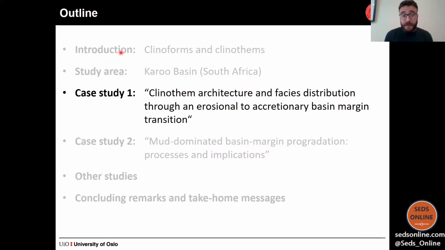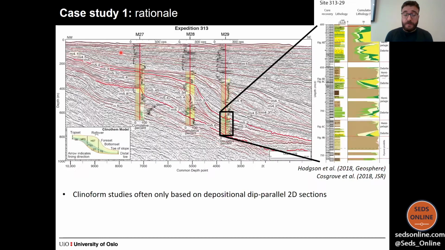So now I'm going to talk about this first case study, and I'm going to introduce a few concepts first. We know that clinoform studies are very common these days. We have several of them, both in outcrop and in subsurface. But most of our clinoform studies are still essentially based on depositional dip-parallel sections.